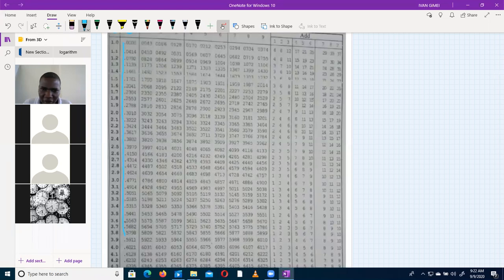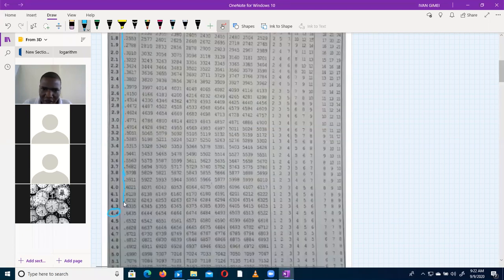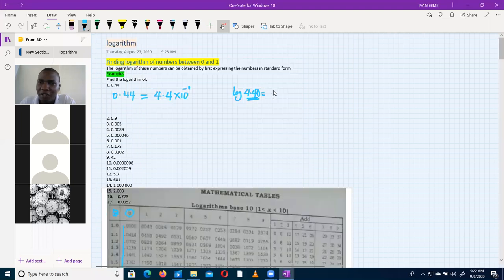I continue moving down to this point. You notice that a line from here, they're meeting where they're intersecting, 0.6435. That means that the log of 4.4 is 0.6435.